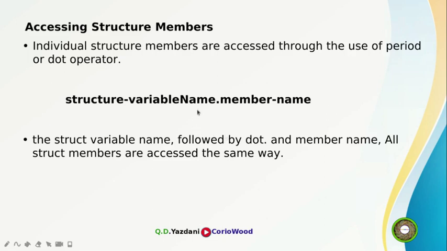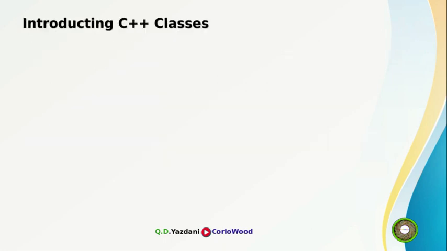This video was in the C++ structures and unions playlist, the previous playlist. If you want to look at this video, you can go back and watch C++ structures in our playlist.